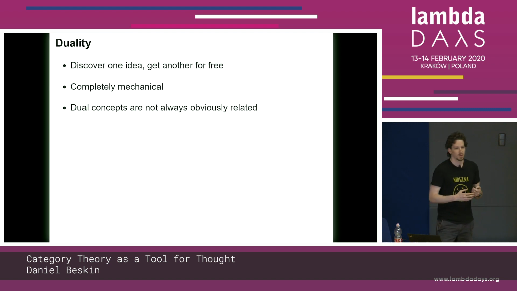So we get all of this for free just from taking a categorical perspective. From now on, every idea I'll show actually has two ideas behind it. One is the actual idea and the other is the dual. And so this is our first tool to actually explore the idea space.